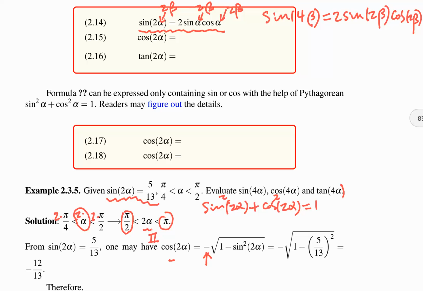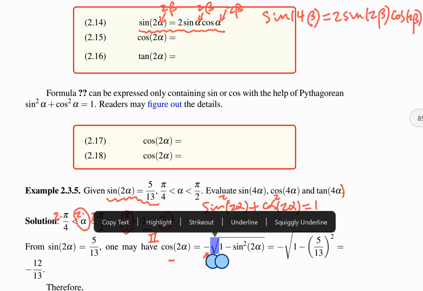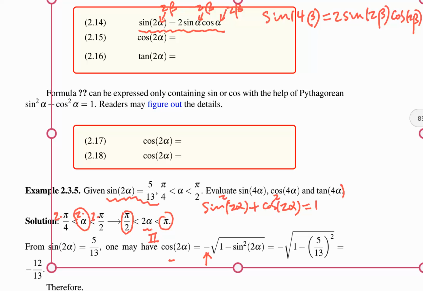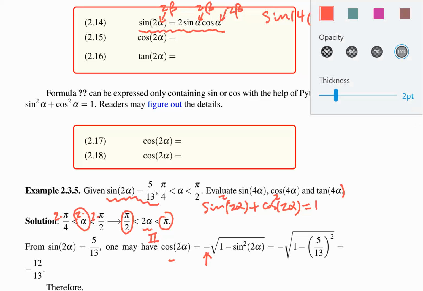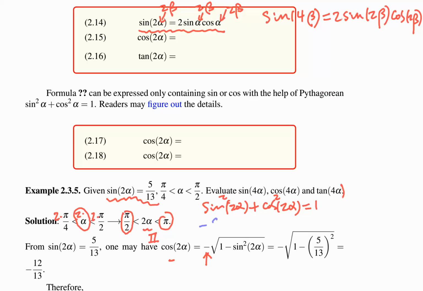And then if we subtract sine 2 alpha squared on both sides, we then can cancel this one with this one.